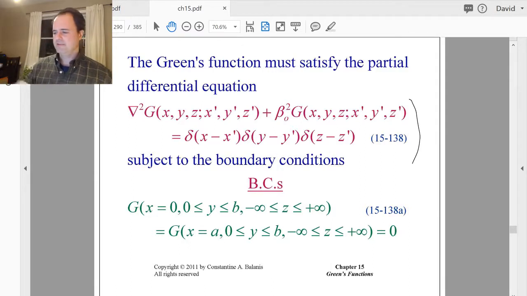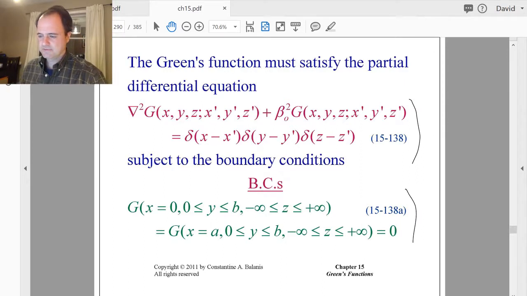The Green's function has to satisfy these two boundary conditions. So it has to satisfy this, and it has to satisfy this.